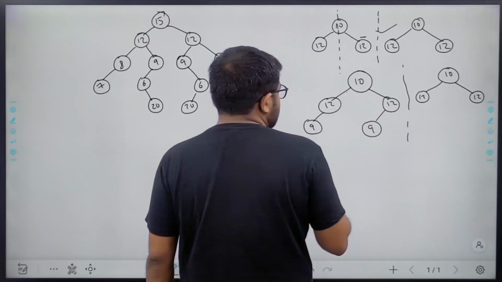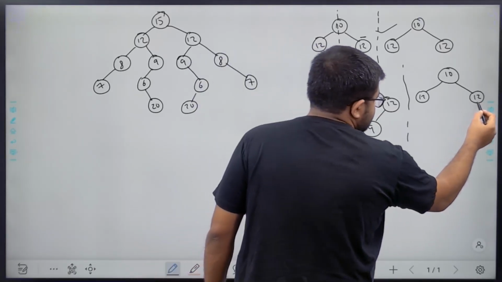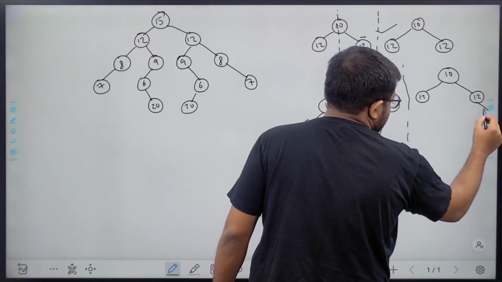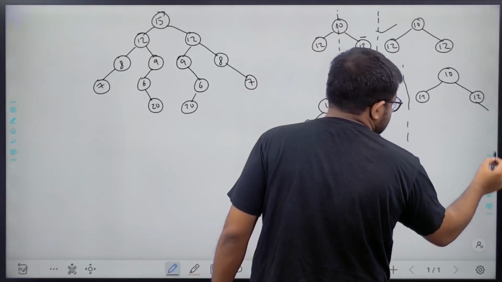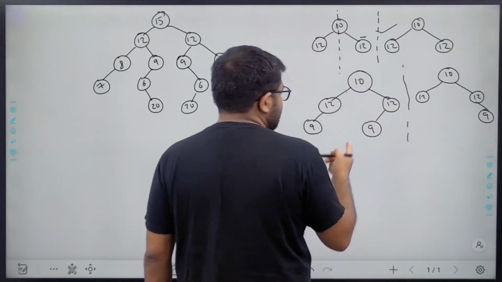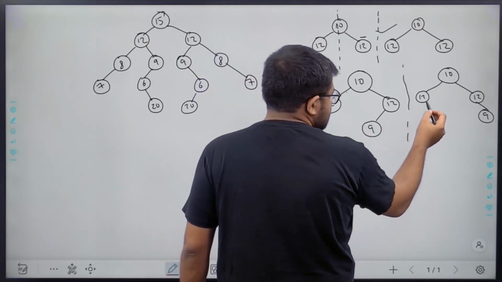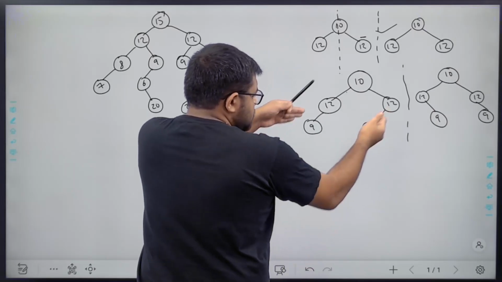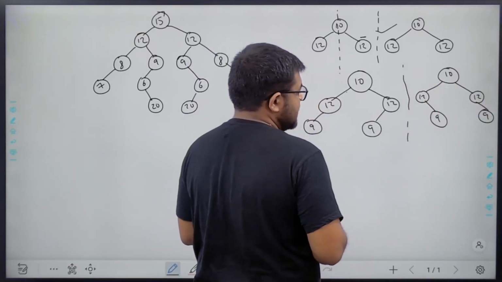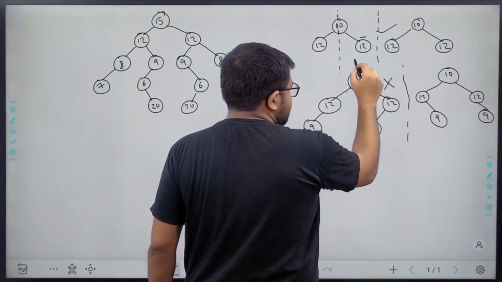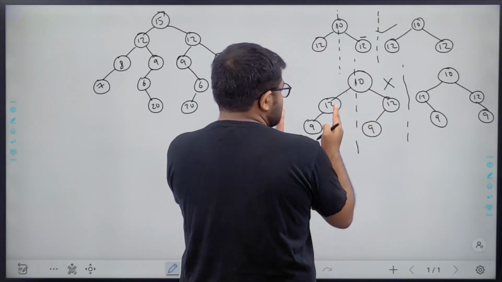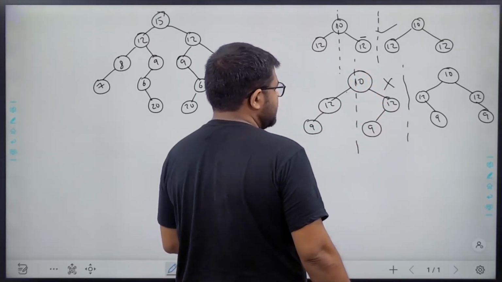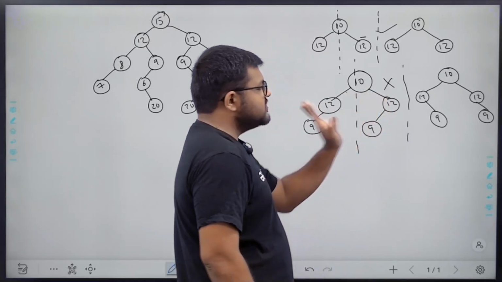Then this 9 will come here, and this 9 will come here. Now compare, is this equal to this? No, these two are on the left, these two are on the right side. So these are not symmetric. Even if you draw a line from the center, these are not mirror images of each other, and if you flip this over this, they will not overlap.